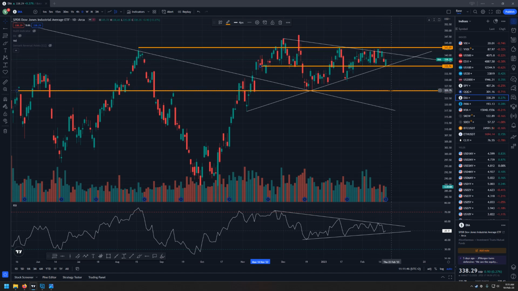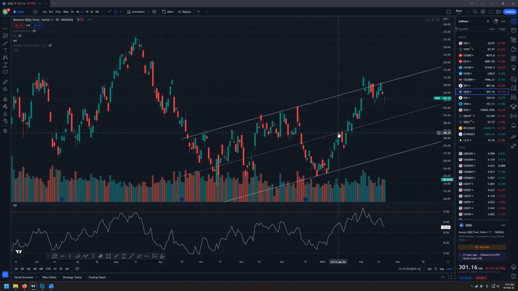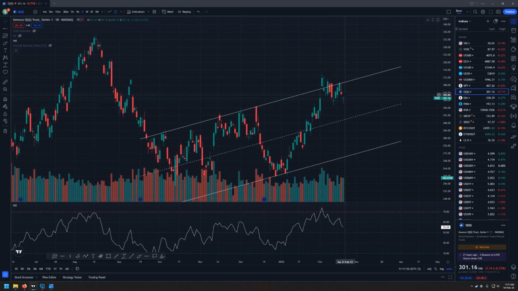If it goes below, it will bounce here and then go in this range again. QQQ at channel top could probably go to here. This is a demand zone. So 293, 95.